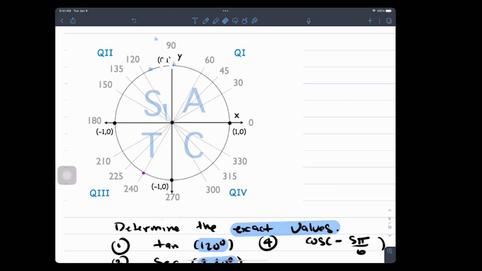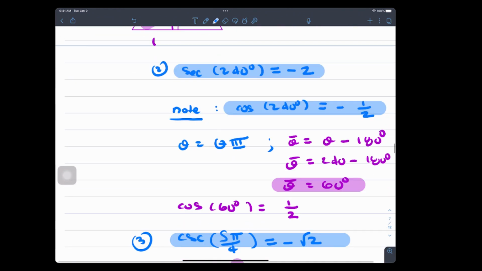Sine is positive? Is that true? Okay, sine's positive.